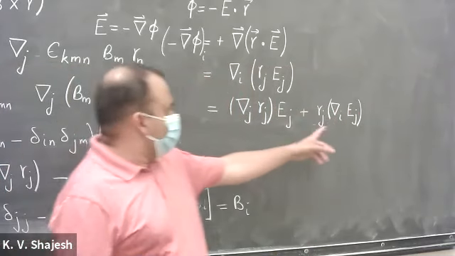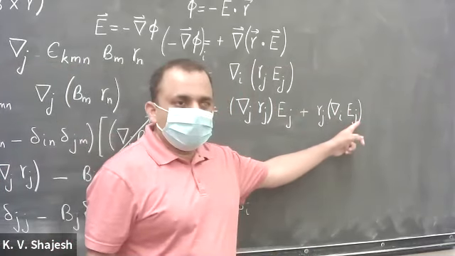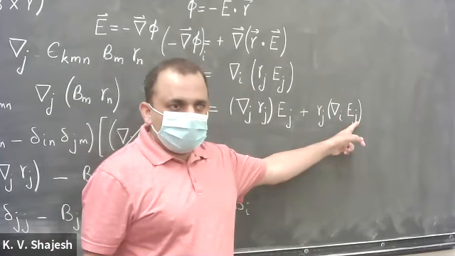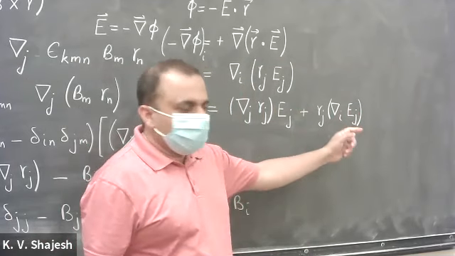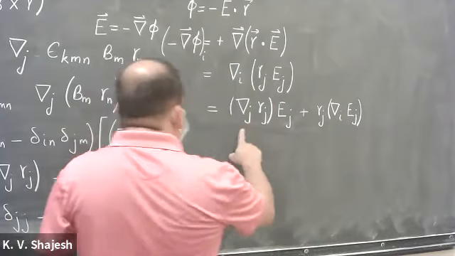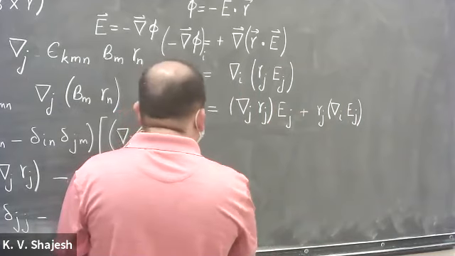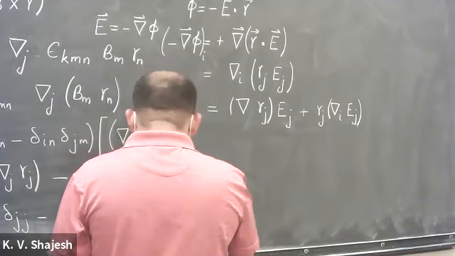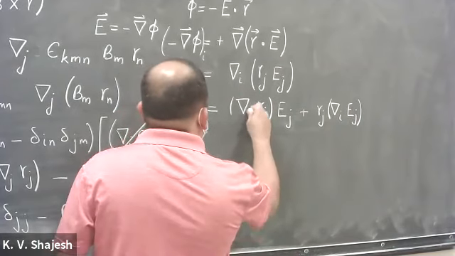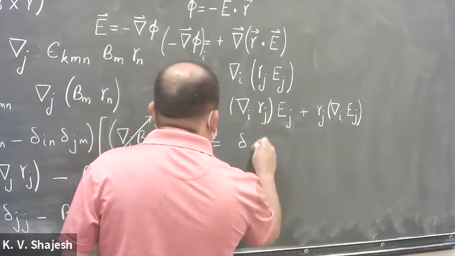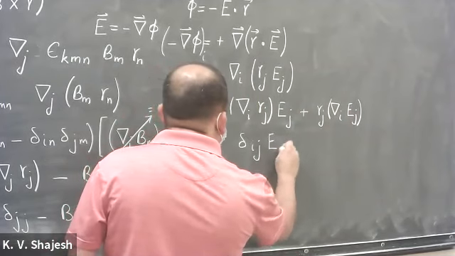What is this equal to? Gradient of the electric field? Delta. No, this is delta Ij. No, this is delta Jj, right? Oh, no, it should be I. This is I, right? Yeah. Okay. So this is equal to delta Ij times Ej.